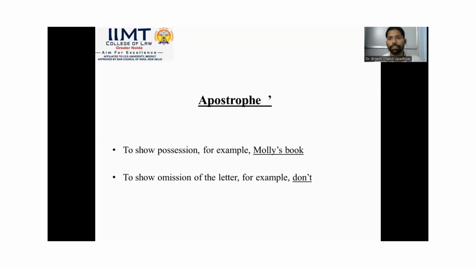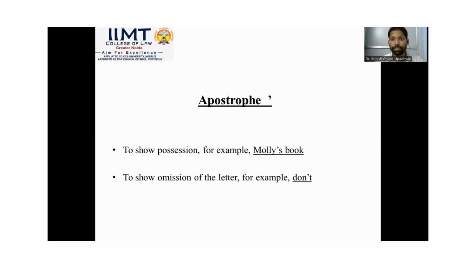Apostrophe must not be confused with comma. This is uppercase, just like a comma, but uppercase. Comma is lowercase. So this, to show some belongingness, some possession, we use apostrophe, as you can see in the example.